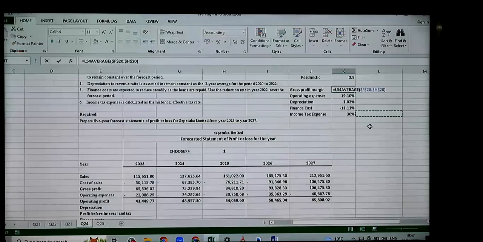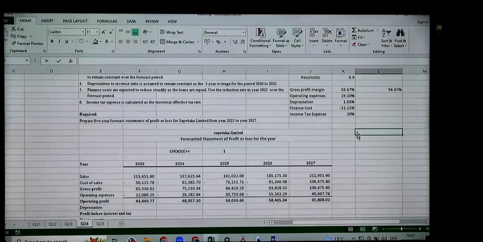Okay, let's go to depreciation. Here equals, and depreciation also we did it as depreciation over sales. So I'll start with a negative sign because we entered it as a positive there. And I press F4 to fully lock it. Then I multiply by the sales, then control enter.